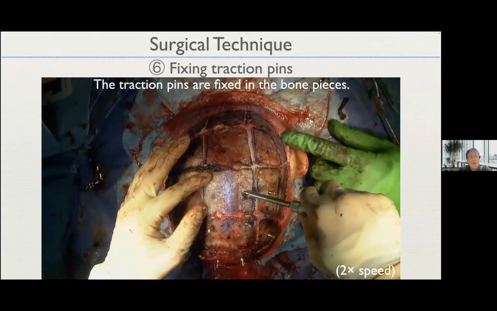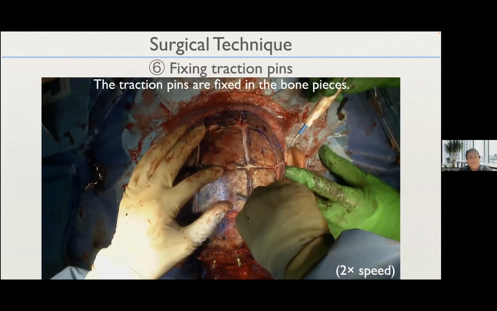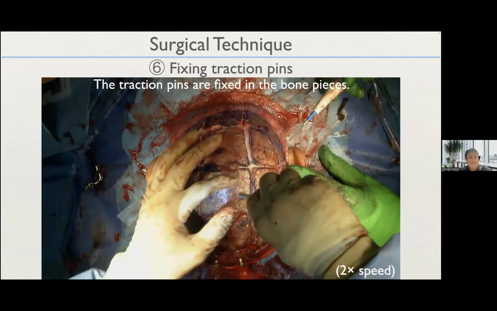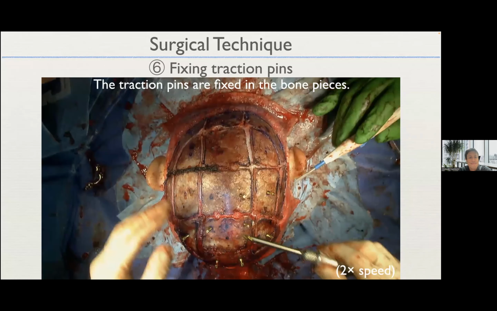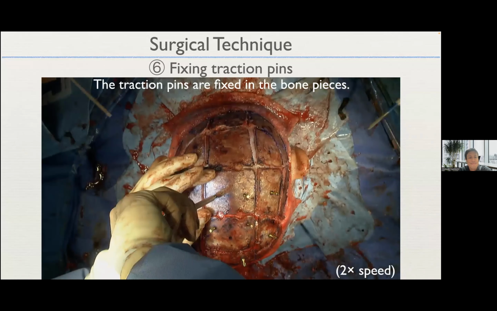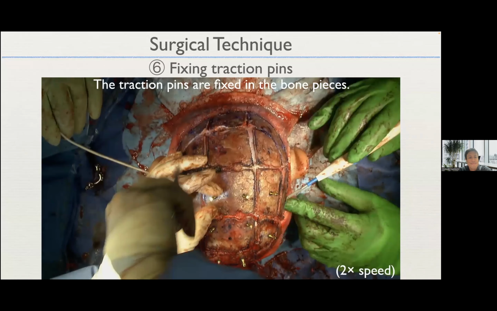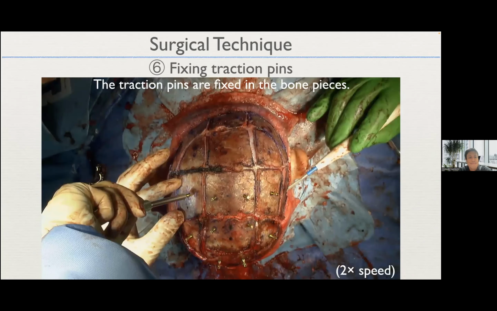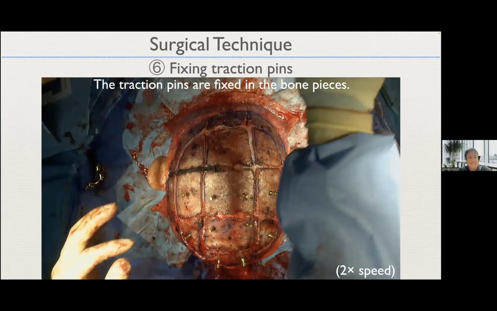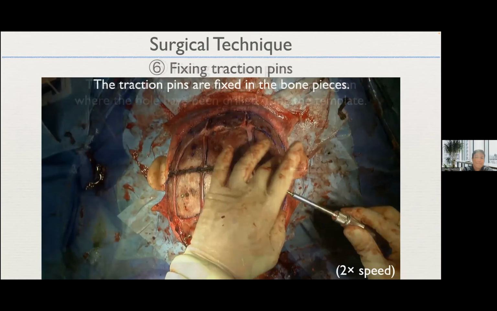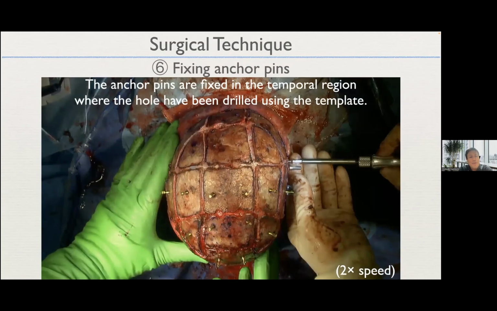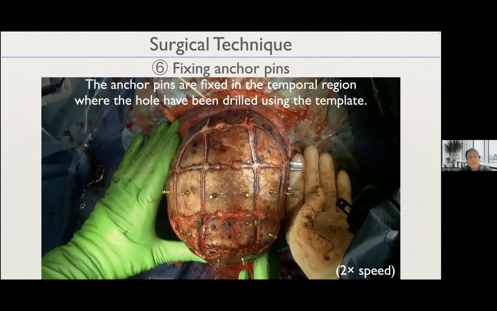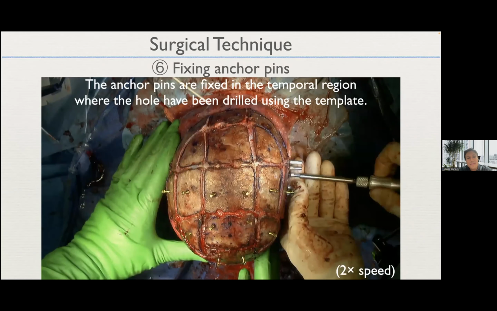The traction pins are fixed in the bone pieces. The anchor pins are fixed in the temporal region where the holes have been drilled using the template.